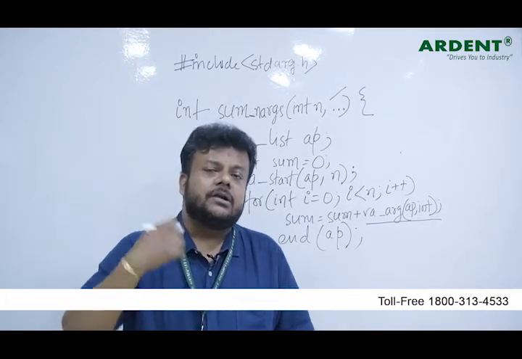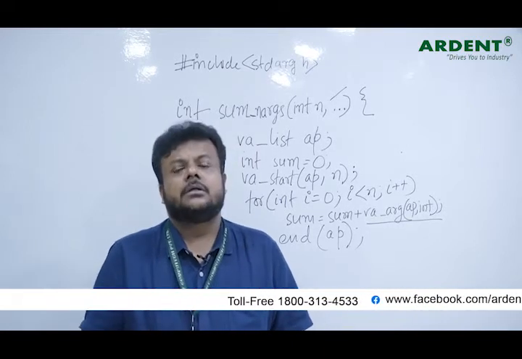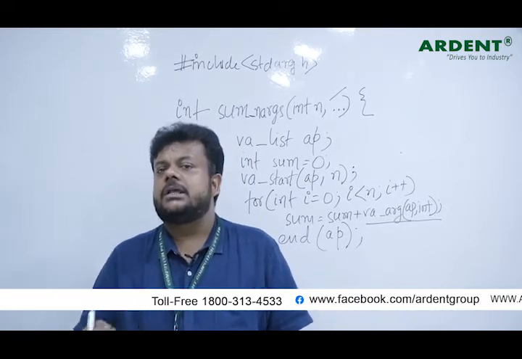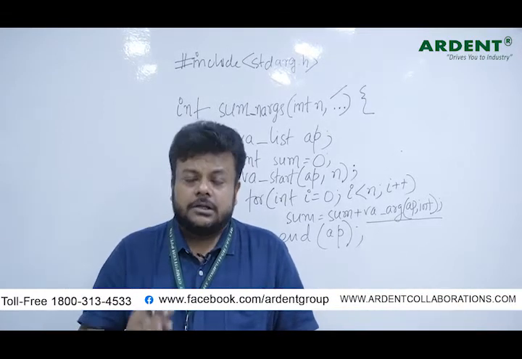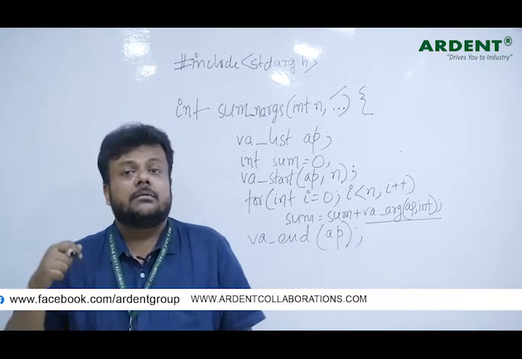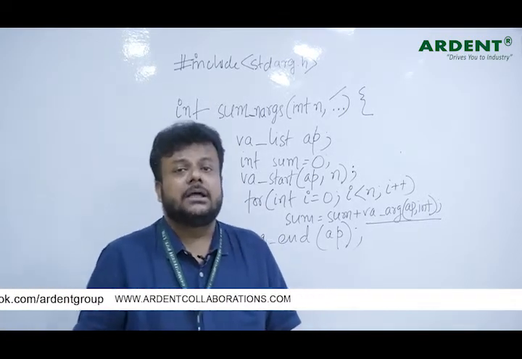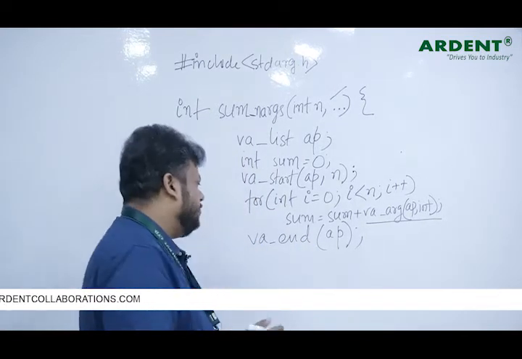Since we were using the pointer ap in this particular function, we write va_end(ap) to release all the resources that are currently being occupied by the pointer ap. As I said, I will be discussing more details of the stdarg.h header file in my next session.